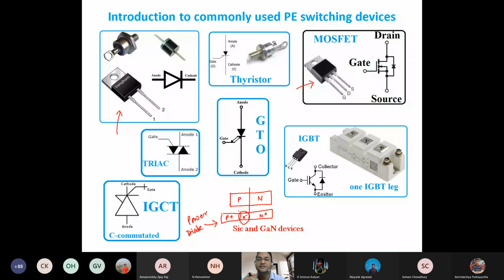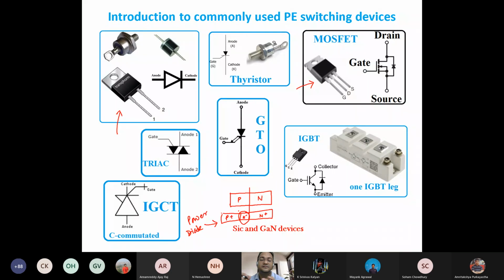But at the back of your mind, you should always remember it is not exactly the same as the MOSFET, BJT, diode you have studied in your first year or second year course. Of course, how these are constructed, we'll discuss slowly. This I'll come back to and we'll discuss that.